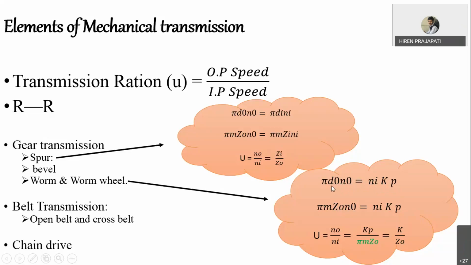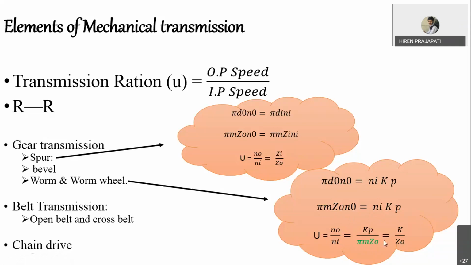Now again we are replacing d with m and z. Again the transmission ratio is n0 by ni. Taking the n0 by ni ratio and cross multiplying, we get K P divided by pi m z0.